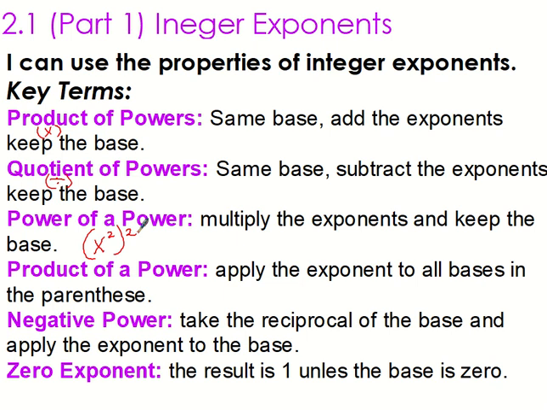We apply the exponent to all the bases in the parentheses. Okay, so this was new, product of powers. So that's when we have like two things inside the parentheses. We have to apply it to everything inside the parentheses. See, product meaning multiplication and power. So it's product of powers, all right, of a power.